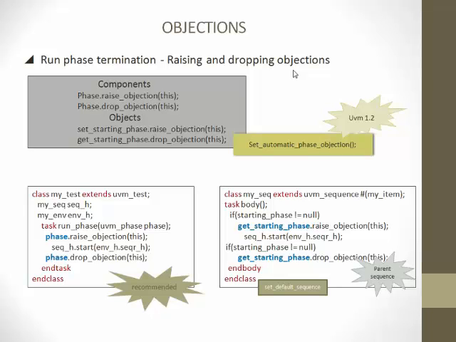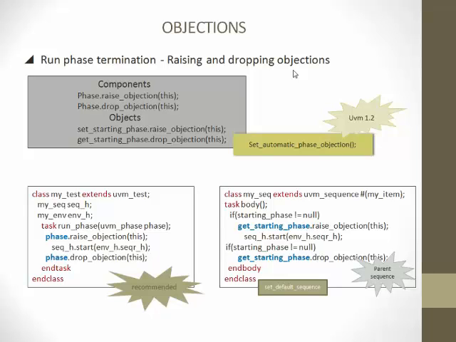When you use a default sequence, it automatically sets the starting phase to the phase wherever you're calling this particular sequence. So no, it is for the default sequence. Okay, so set automatic is only used in conjunction with this.